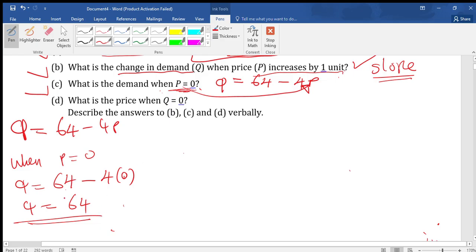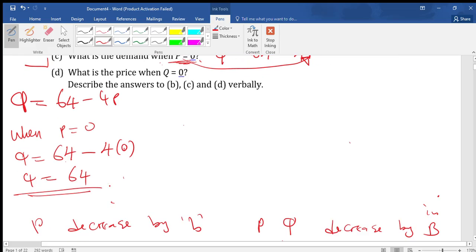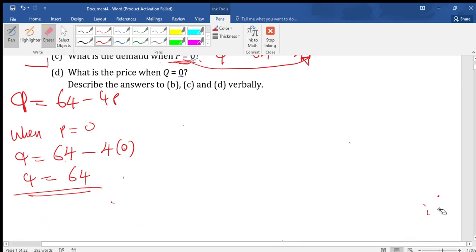Since the instruction asks for a verbal description, what does this mean? If the flights are free, you are not paying anything for the flights.